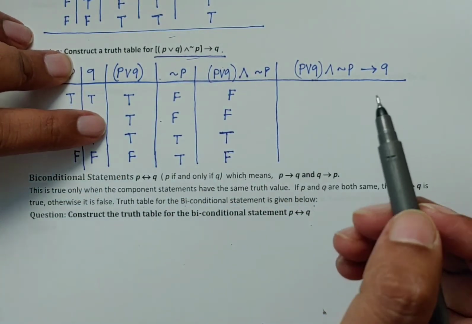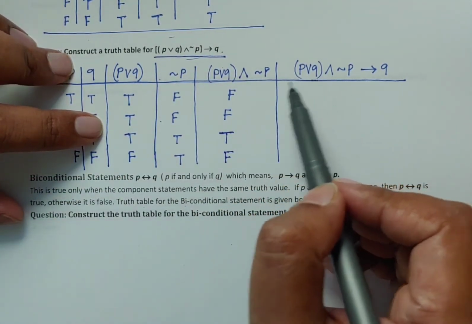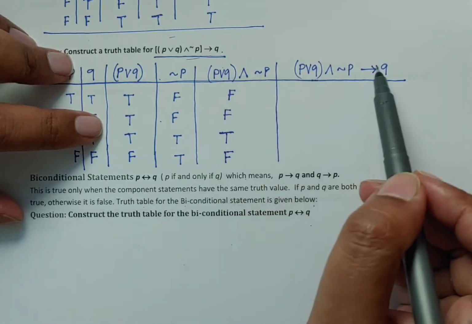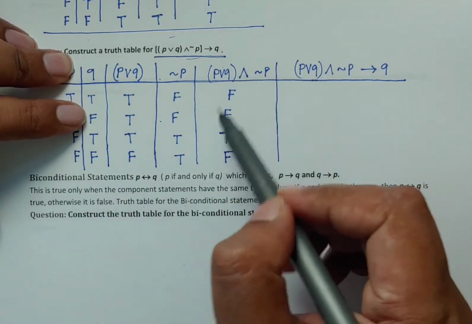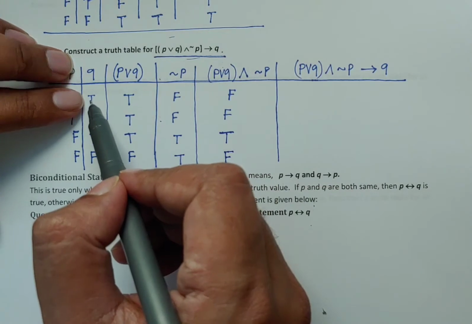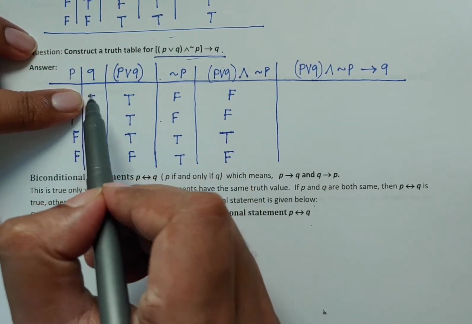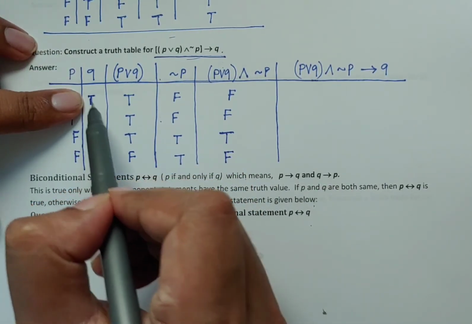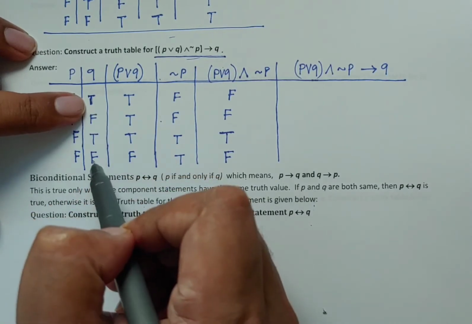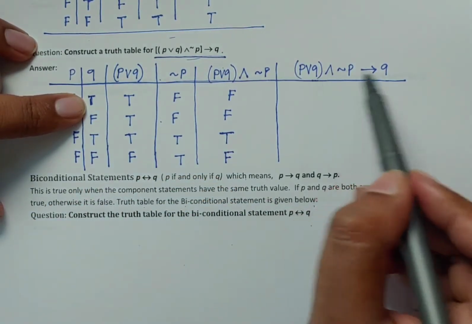All right. Now I have to find this implies Q. Q is here, right? So Q is this: true, false, true, false. Now this implies this.